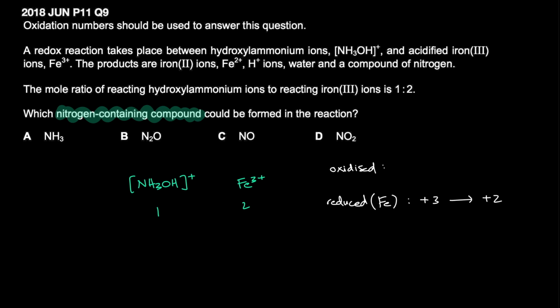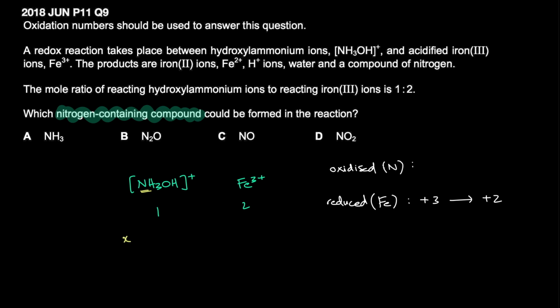And as far as oxidation is concerned, it must be the nitrogen atom that has an increase in oxidation number, because there's a decrease in oxidation number for iron. So now the goal is to figure out what is the change in oxidation number for the nitrogen, and what is the initial oxidation number and the final oxidation number. Now to find the initial oxidation number of nitrogen, we can look at this ion over here.